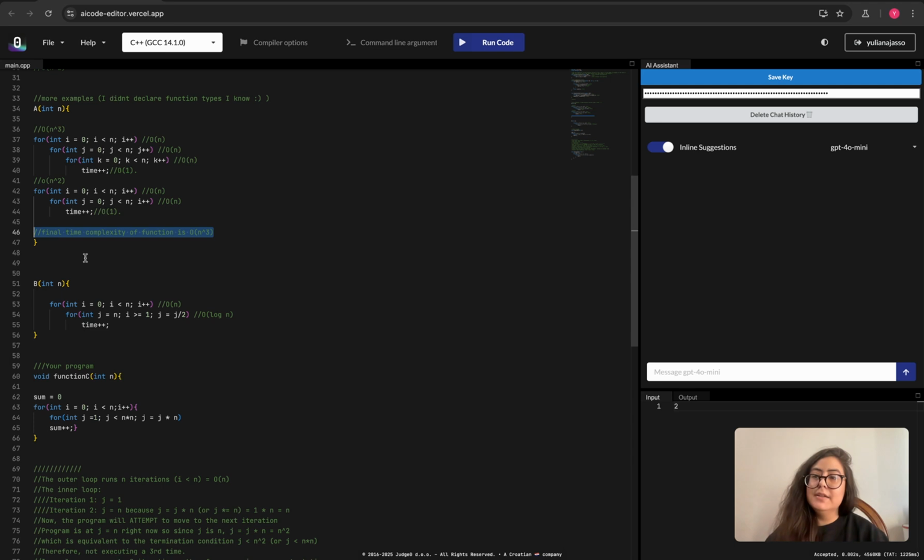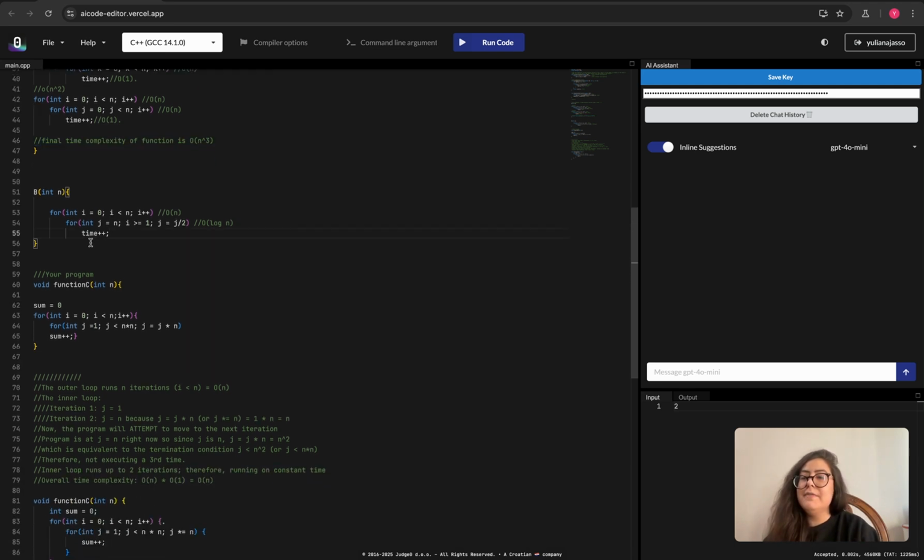We take the time complexity of the loop that has the highest or worst time complexity. So our time complexity would be O(n^3), since O(n^3) overrides O(n^2). Therefore, our time complexity is O(n^3).